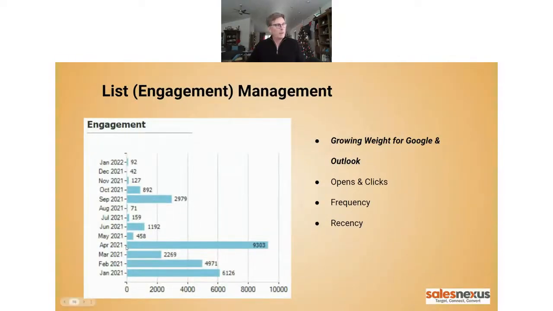I can see that going back to April of last year, there's over 9,000 people that we've continued to email, and that was the last time they opened or clicked on anything. So what we need to do is go into our database and take those people off the list, because by continuing to send to them, we are damaging our reputation.